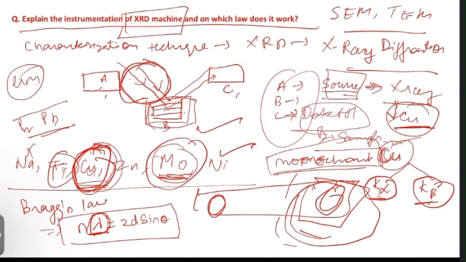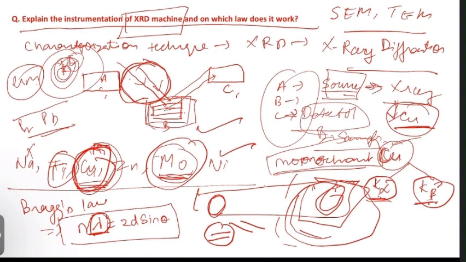They are named on the basis of the energy levels from which the X-rays are generated. We have different energy levels in an atom: K, L, M. If it is generated from the L shell, it is called K beta. If it is generated from the K shell, it is called K alpha. Followed?